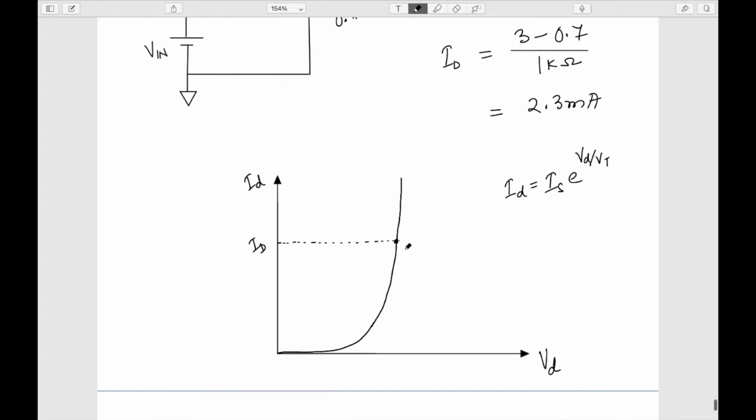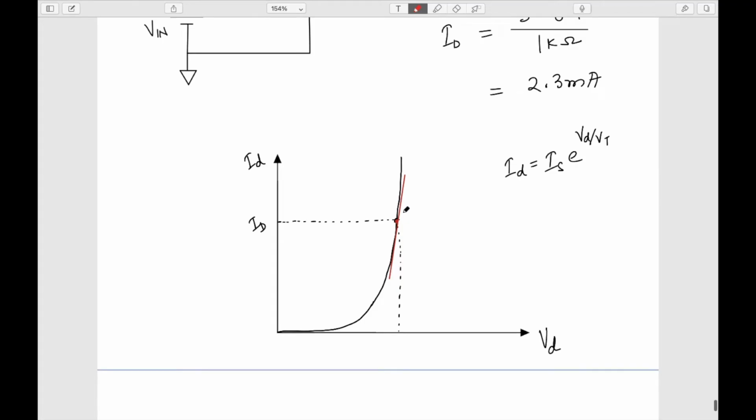Because my current is now defined, I can draw a slope around that point. If I know the slope of this line, then for a small variation in my VD, I can find out the variation in ID.